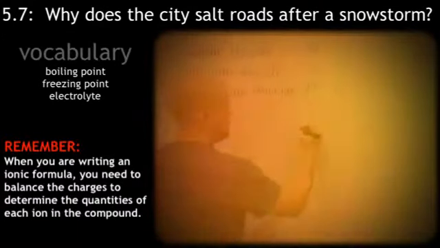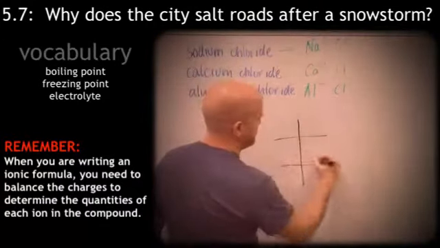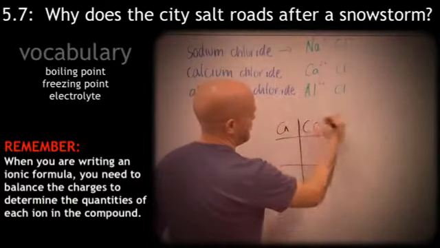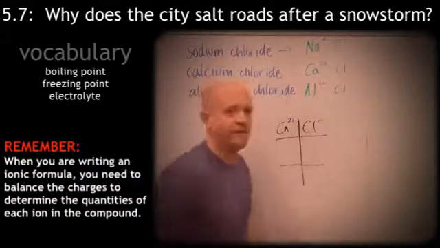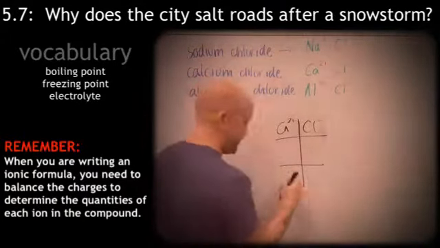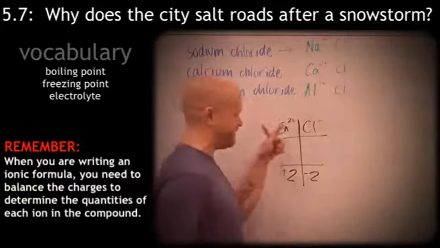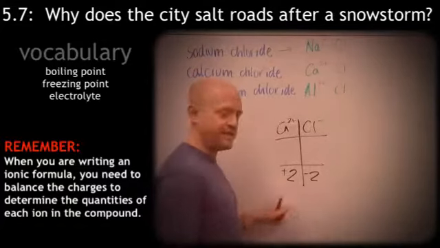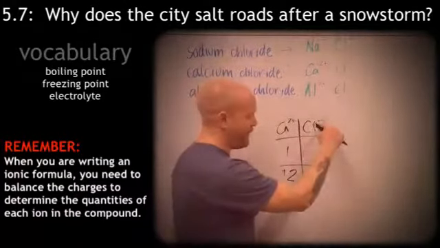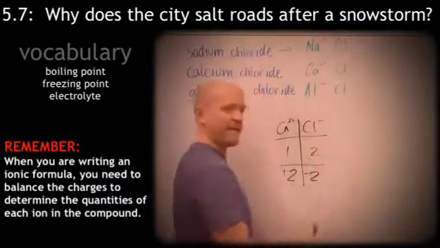Calcium is going to have a +2, aluminum will have a +3. So we're going to figure out the formula for calcium chloride. That's +2, that's -1. To get from 2 to 2, multiply by 1. To get from 1 to 2, multiply by 2.